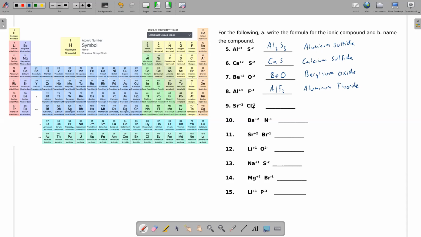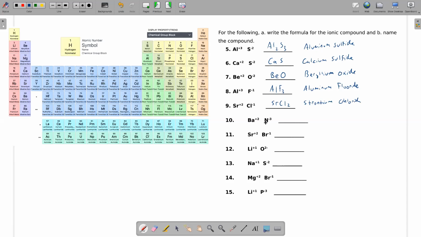And then strontium and chlorine is SrCl2. That's strontium chloride. Some people say it differently, but usually it's pronounced strontium chloride.